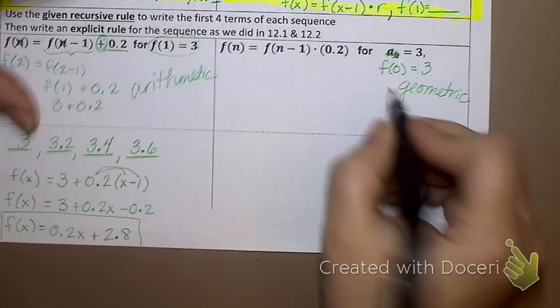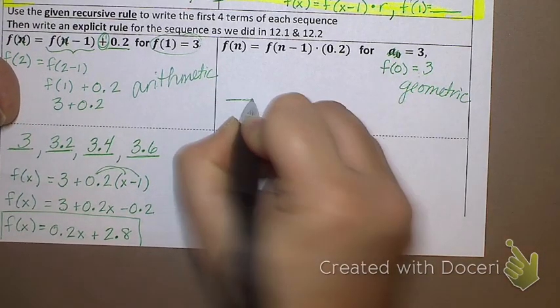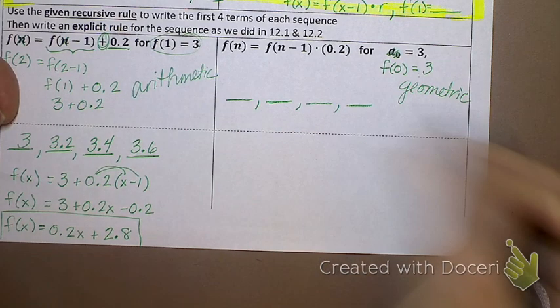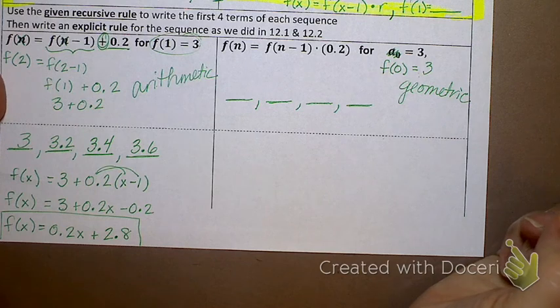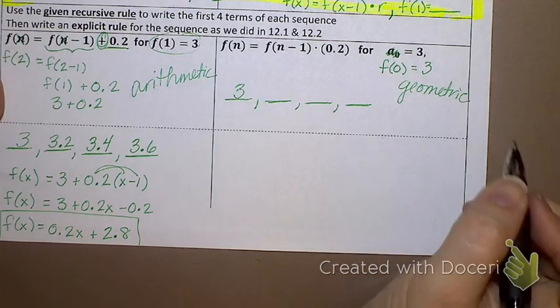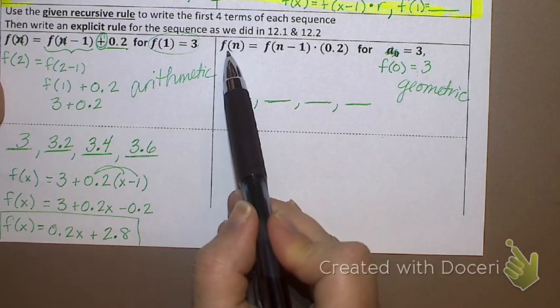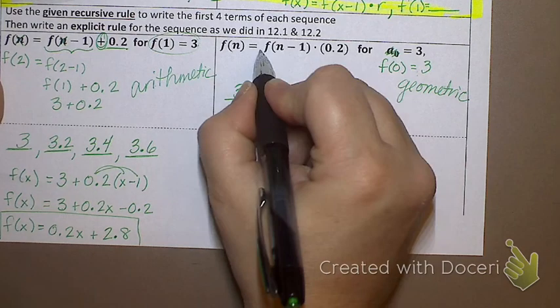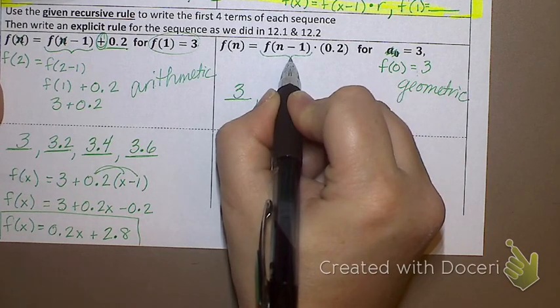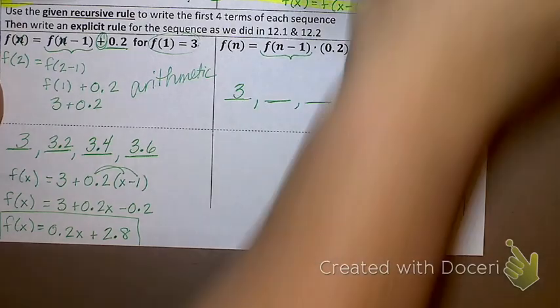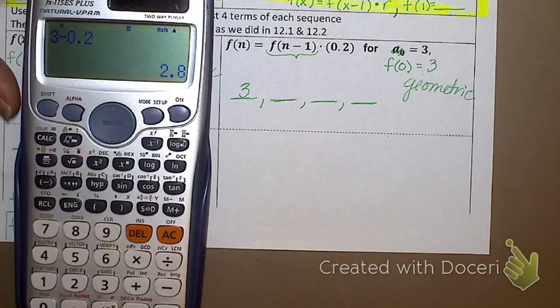Okay? So if that's term 0, I have how many blanks? 1, 2, 3, 4. What goes in the first blank? 3. So what is this rule saying? To find the next term, or to find any term, you take, what does this mean? The term before, and what do you do with it? Multiply it by 0.2. So if my first term is 3, I am going to multiply it by 0.2.